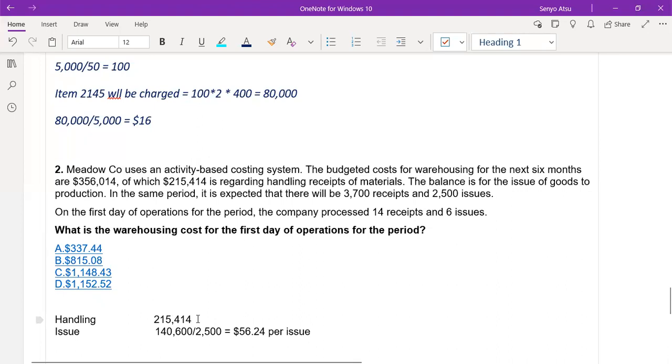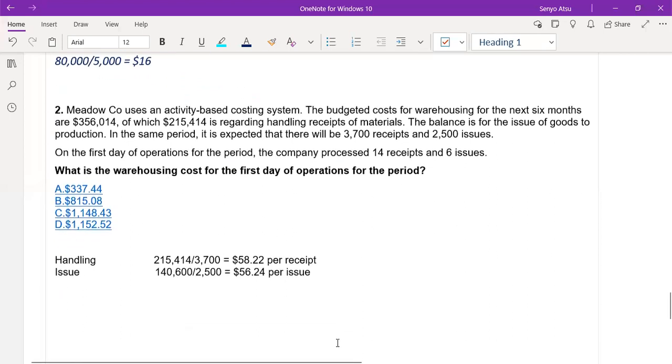And I'm dividing the handling cost by 3,700 receipts, because it is when items are received that cost for handling is incurred. So I'm getting $58.22 per receipt. On the first day of operations for the period, the company processed 14 receipts and 6 issues.